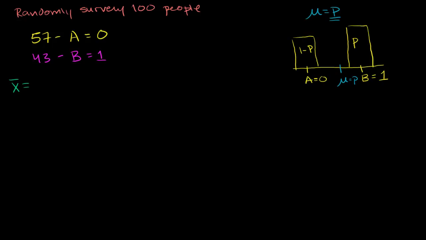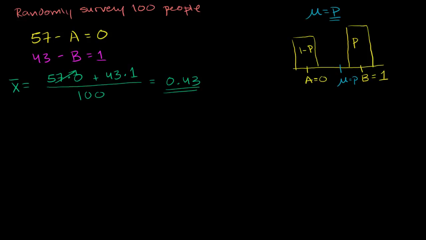I got 57 zeros, so it's 57 times 0 plus 43 times 1, the sum of all of my samples, over the total number of samples I took, 100. So 57 times 0 is 0, and 43 times 1 divided by 100 is 0.43. That is my sample mean, the mean of just the 100 data points that I actually got.